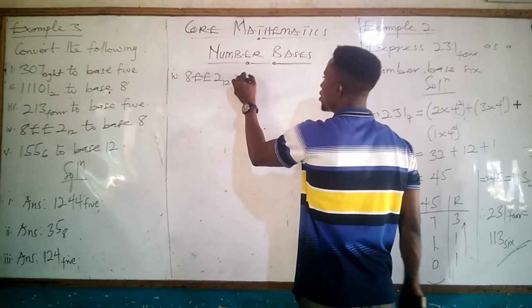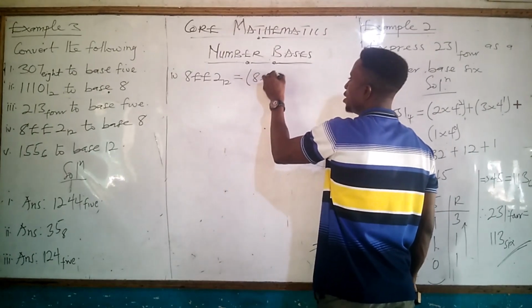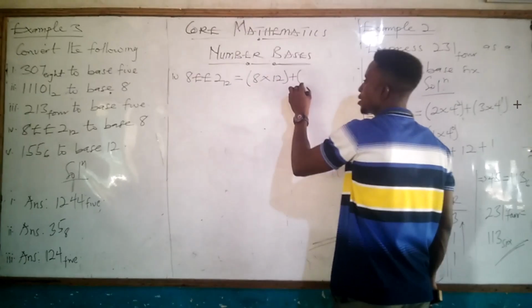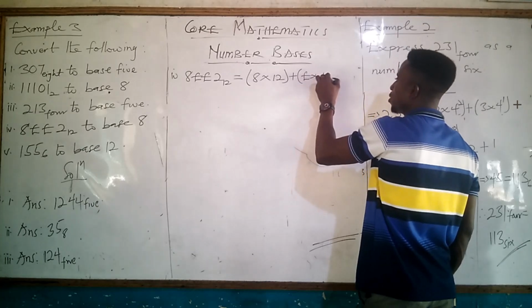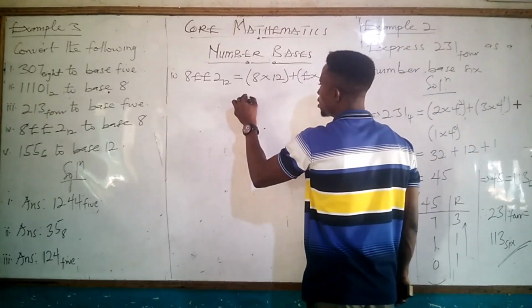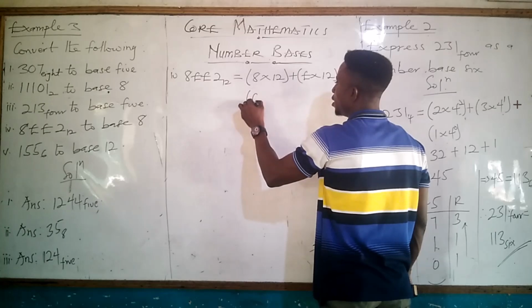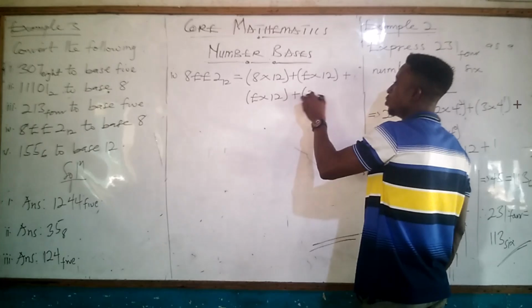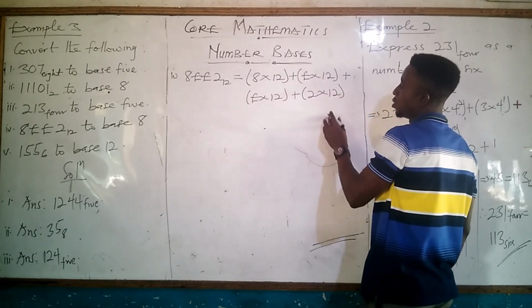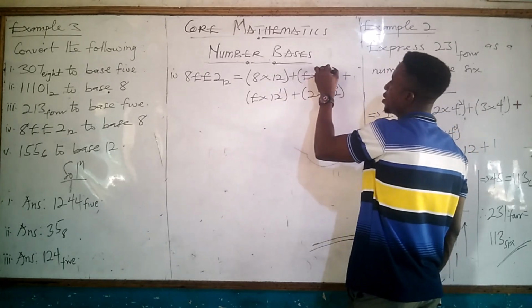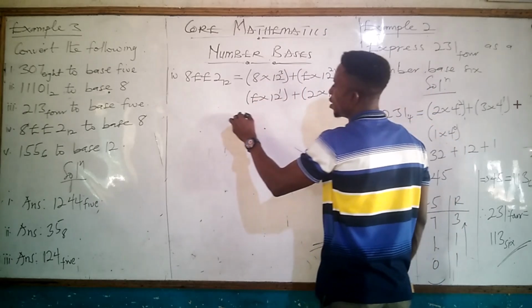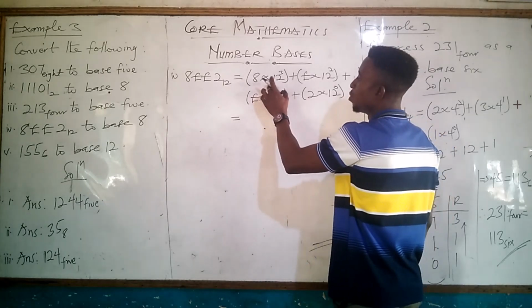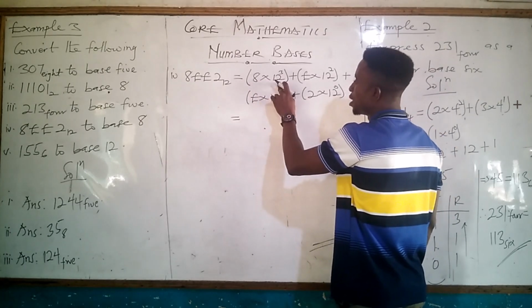We have 8 times 12, then plus E times 12, then plus E times 12, then lastly plus 2 times 12. So starting I have 0, 1, 2, then 3, which is equal to. We know of this 12, we can put this, but we can't put this.